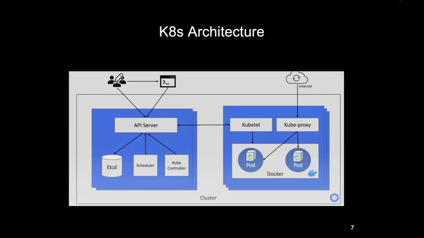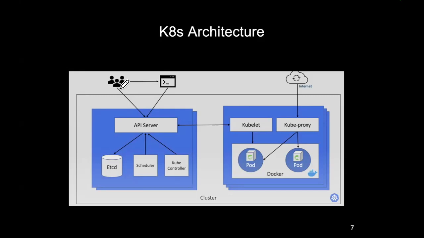As a user, let's say you want to deploy a container onto one of the worker nodes. What you interact with is the API server part of Kubernetes. The API server is your main entry point as a user.